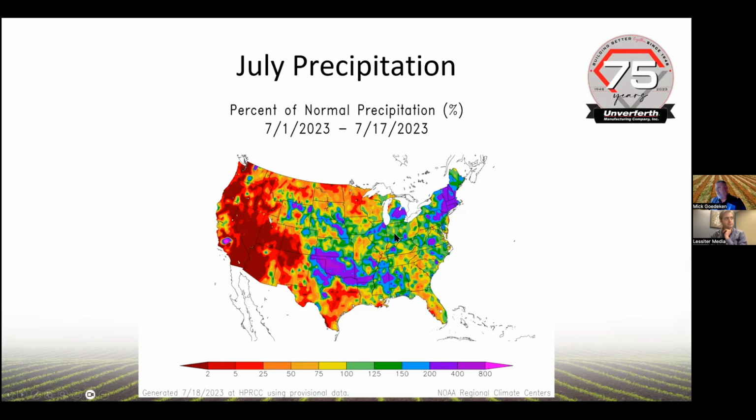Quite honestly, Ohio and Indiana were pretty much on par for normal with some spots of isolated above normal precipitation. Eastern Nebraska got a relief in that first half of July, and we're starting to see some of that still coming on and helping us out. We start seeing that western part of the United States drying out.